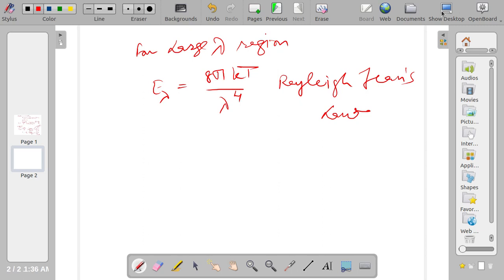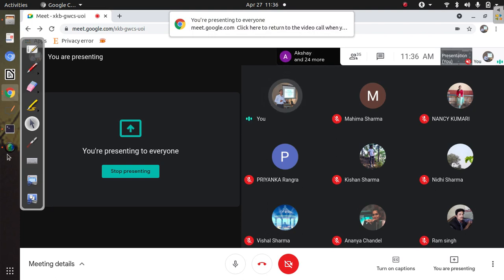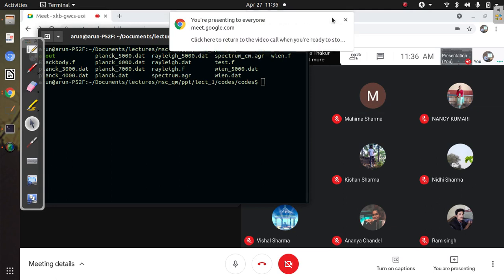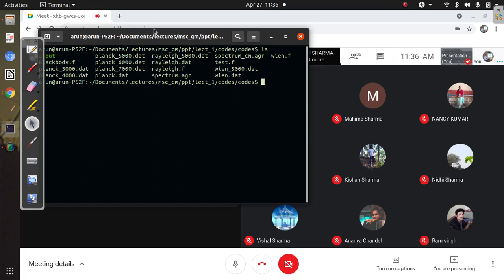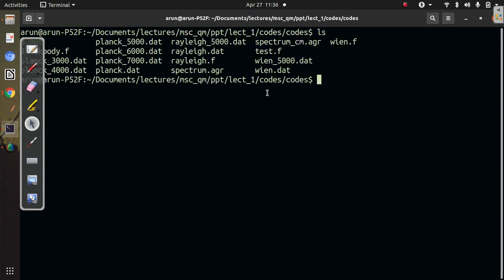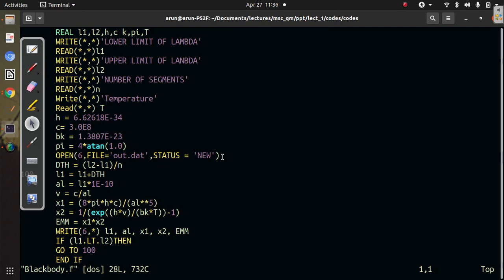Now let us look at their visualization. For their visualization, I have written certain programs in Fortran. So one is for black body radiation, as I talked about in the previous lecture.